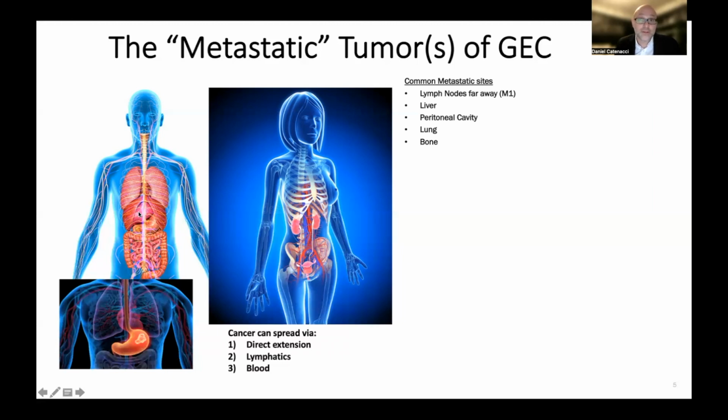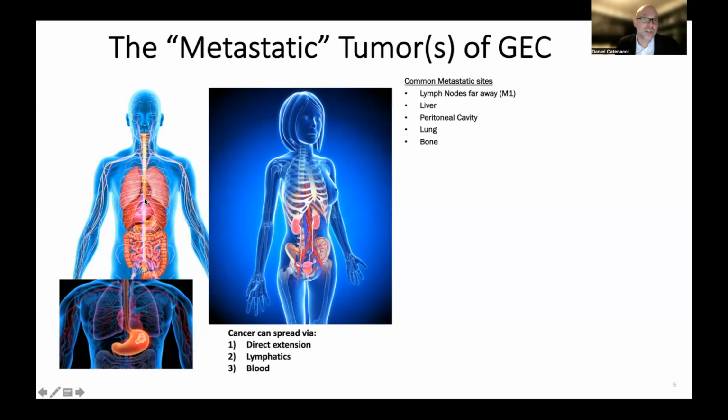Also, the liver, and the peritoneal cavity through direct extension through the stomach wall, where it sort of spills into the cavity there, outside of the bowel but inside the space in the abdominal cavity. And we have lectures and videos all about this because it's a very common location. To the lung, particularly in the upper esophageal range, they can spread through to the lung.